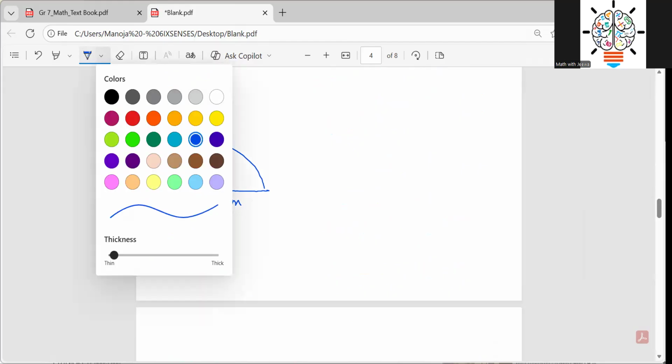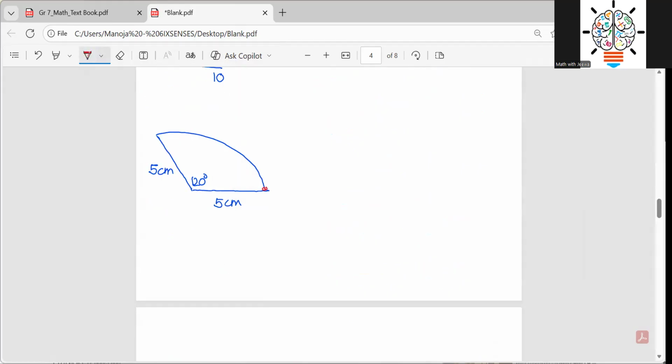Now I check what kind of path I have. I start from here and I take the curve path as usual, the first thing. Then I take this path and then I take this path, come back to the initial position. This is the first and this is the second step and this is the third step.